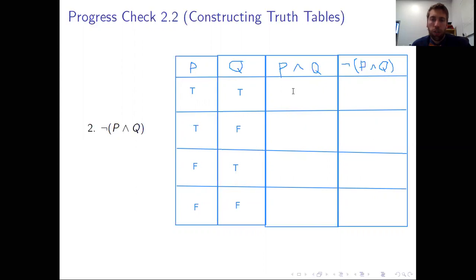So P and Q is only true when they're both true. The other times, if at least one of them is false, then it's false.